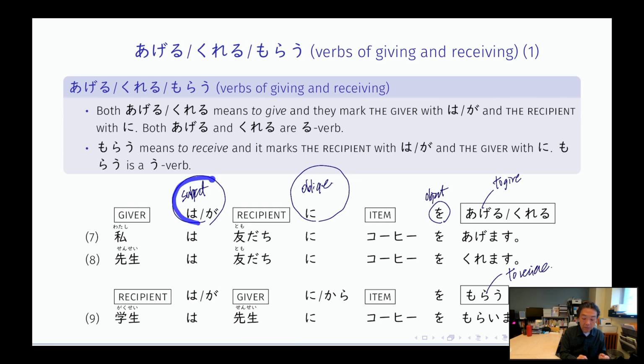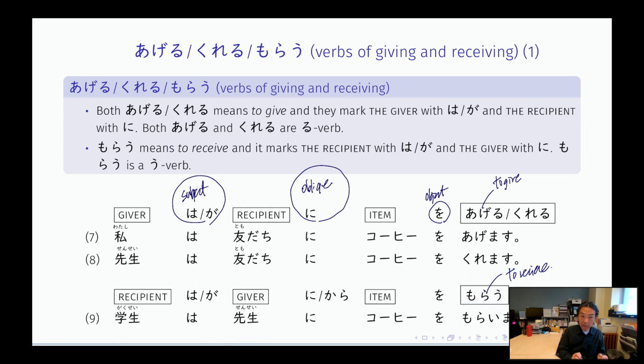And we have the subject, we have the oblique ni, and the object o. Okay. What happens is the subject can mark either the giver in the case of あげる, くれる, or the subject can mark the recipient when it's もらう.